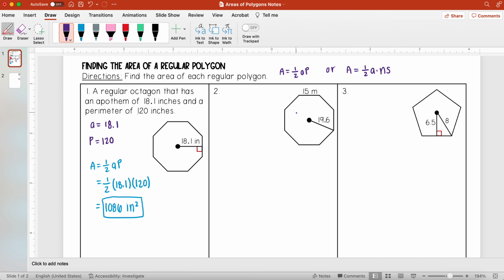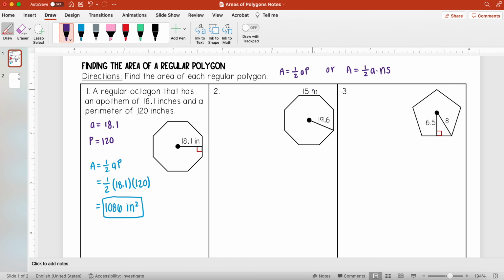Okay, looking at number 2, I again have another octagon here. I see that I have a side length of 15 meters, and this time I have a radius of 19.6. So this one doesn't give me my apothem, but if you notice, in both of my formulas I need to know what my apothem length is in order to find the area.